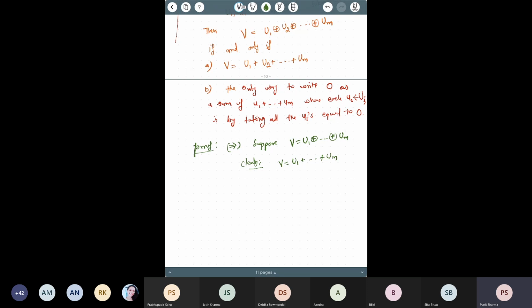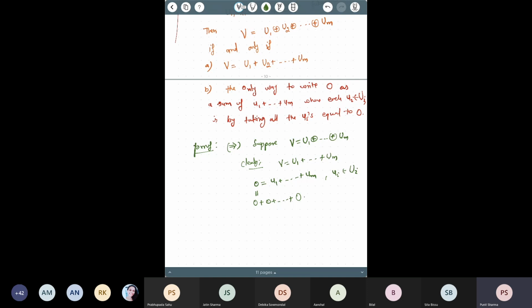So let's say we write 0 as u1 plus so on up to um, where ui belongs to capital Ui. And we also know that this 0 can be written as 0 plus 0.